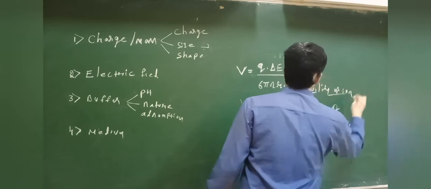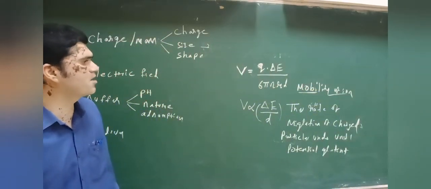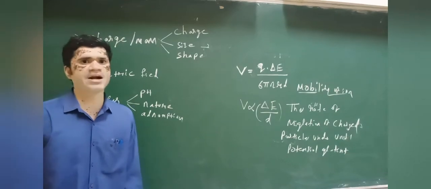So that is, mobility of ion is the rate of migration of a charged particle under unit potential gradient.